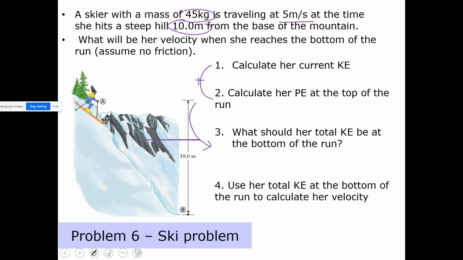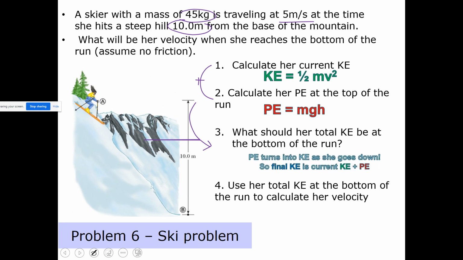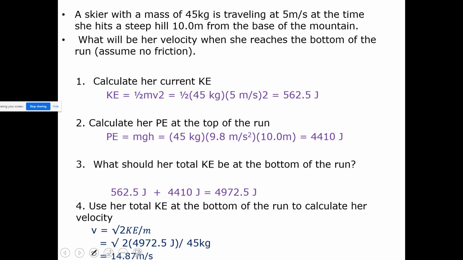And here, you know her mass, so I would use either one of those formulas to calculate her velocity. There is that formula for kinetic energy. Here's potential energy. Add them together, and here you go. Obviously, you can use the square root of 2KE over m. Okay, let's plug those numbers in.